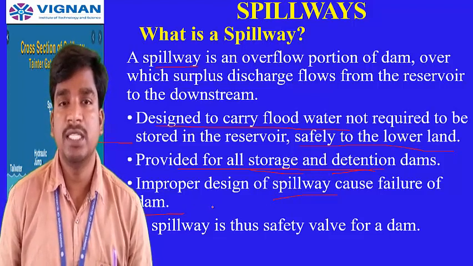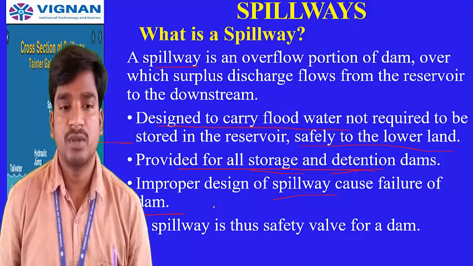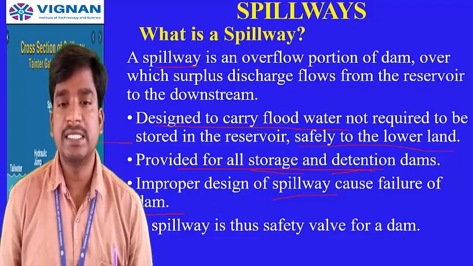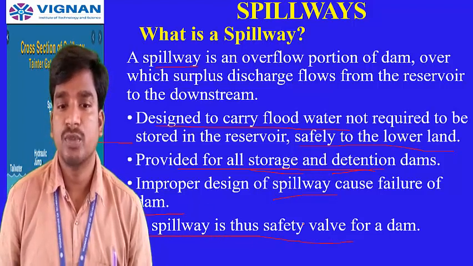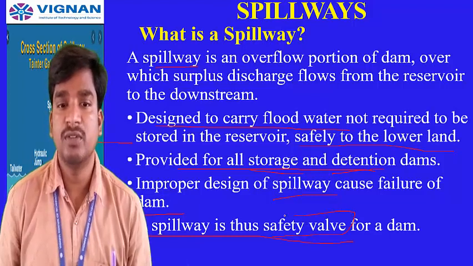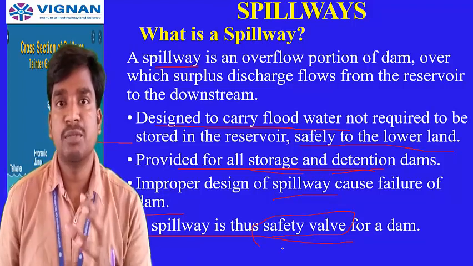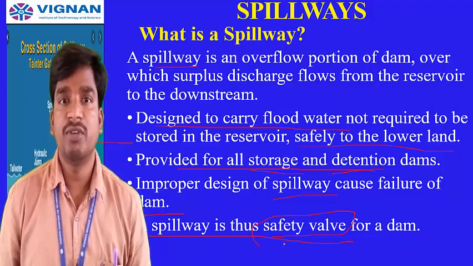So spillway is a very important section of the tank. A spillway is called the safety valve of the dam, because it has that much importance. Improper design of the spillway may lead to the failure of the dam.